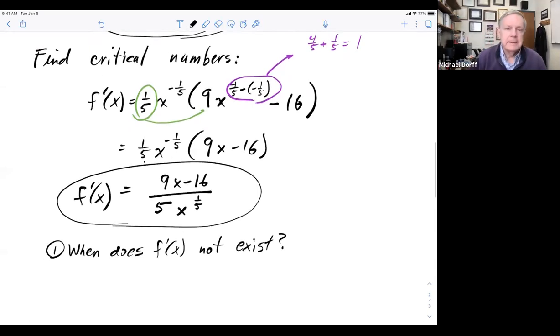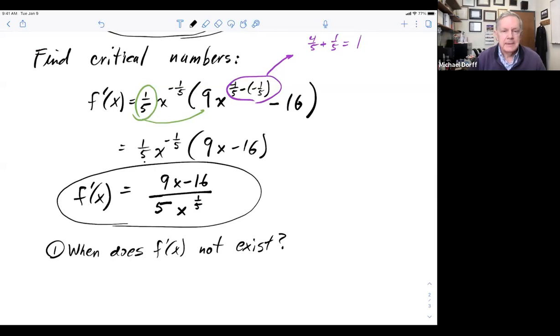So first, when does f prime not exist? Well, that means, going back to the same thing, what are the restrictions on the domain? When do you have a restriction on the domain? Well, you have it if you've got a 0 in the denominator, if you've got a negative number under a square root, or if you have a log of a parentheses term, what's in that parentheses can't be negative or 0. Well, we have no logs, we have no square roots here. All we have is x to the 1/5, so that's an odd root, so we don't have to worry about negatives.